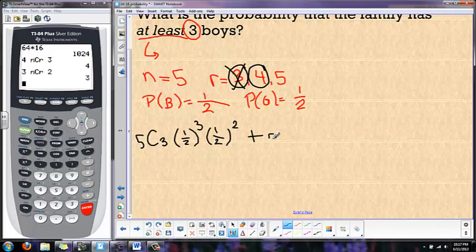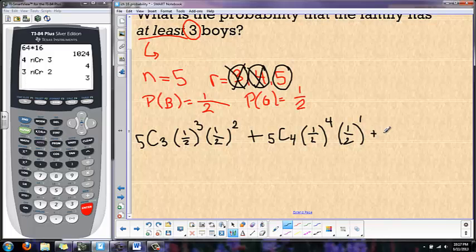5 choose 4. The probability that I have a boy, and in this case I want 4 boys, and the probability that I have a girl, and if I have 4 boys out of a total of 5 kids, I'm only left with 1 girl. Forget about that 4, and let's focus on the 5.